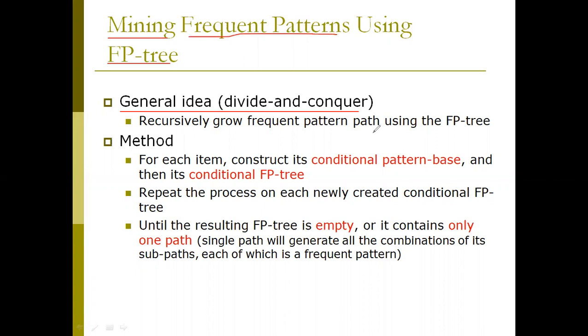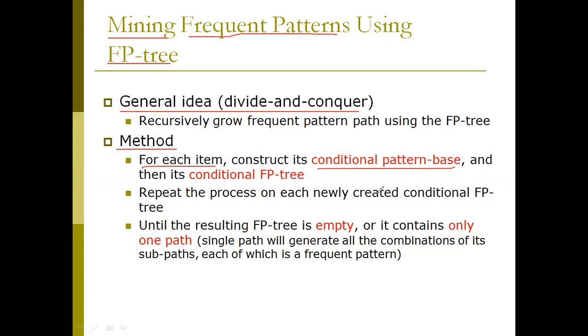We need to visit, or we need to read, the FP tree frequently. Okay, and in the second step, the method is for each item, construct its conditional pattern base. So how many items do we have?